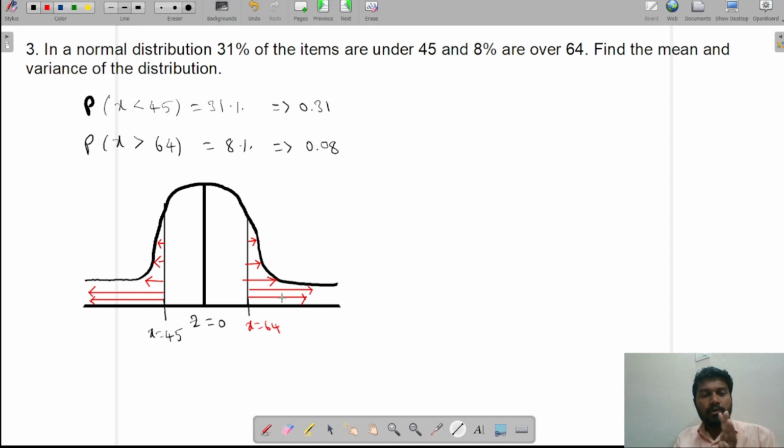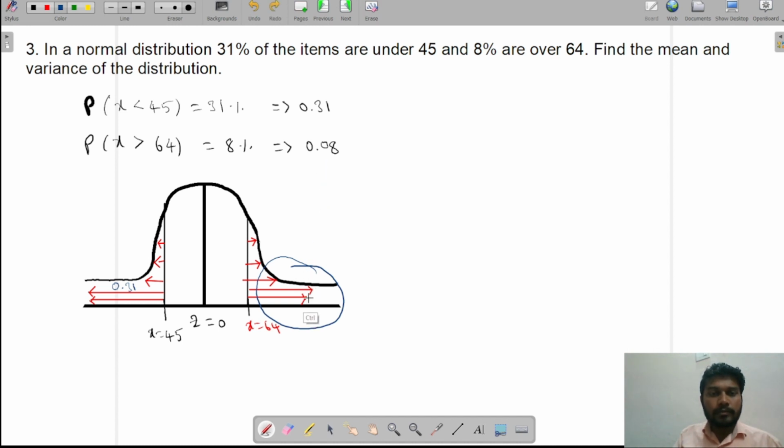Now we have identified properly the given areas from the question. Now this shaded region area is 0.31. So I'm denoting here 0.31. And what about this shaded region area as per the question?